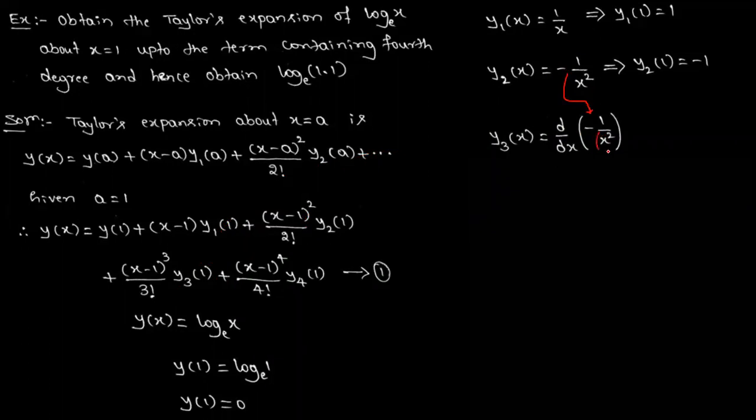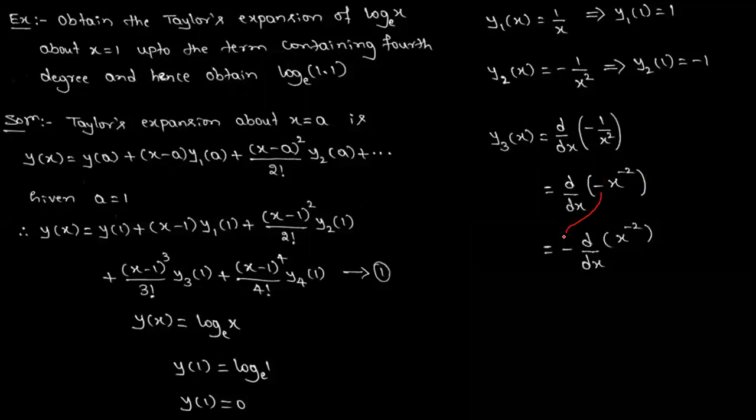Before differentiation, let us take this denominator x square to the numerator so that it looks like x to the power n form. Yes, we have taken it here. It becomes x to the power minus 2. Now it is in the standard form x to the power n.